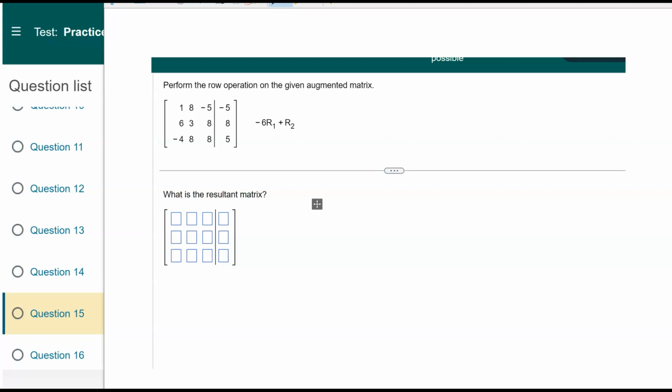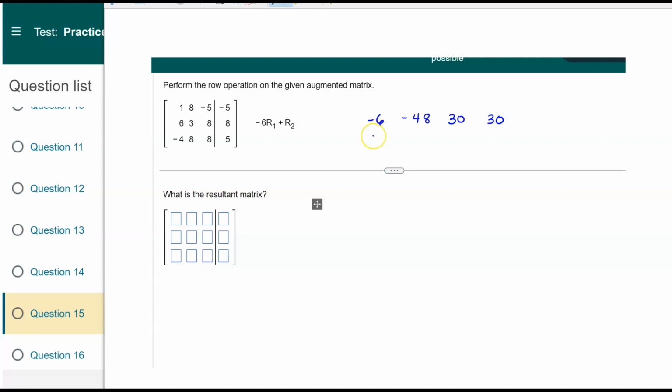So let's go ahead and do that. So your first row, you will have -6, and then -48, -6 times -5 is +30, and then +30.